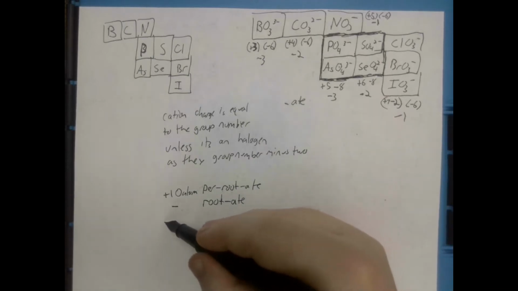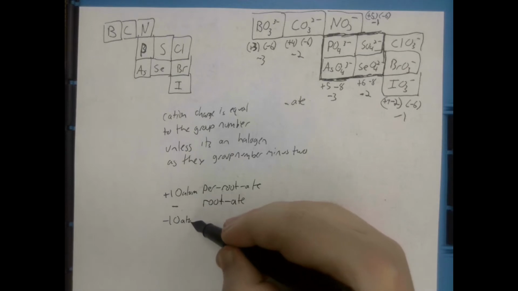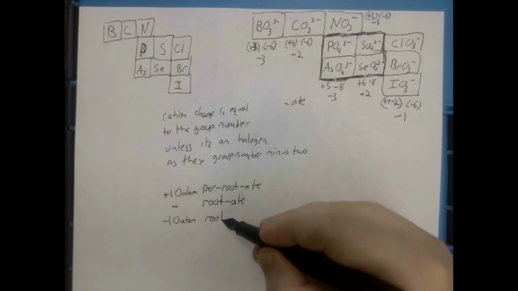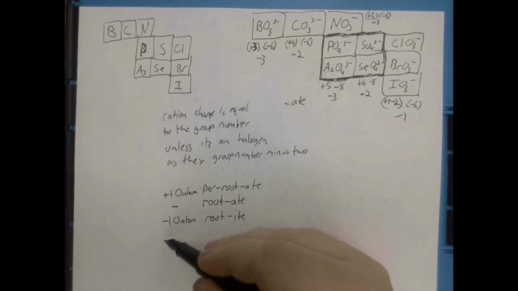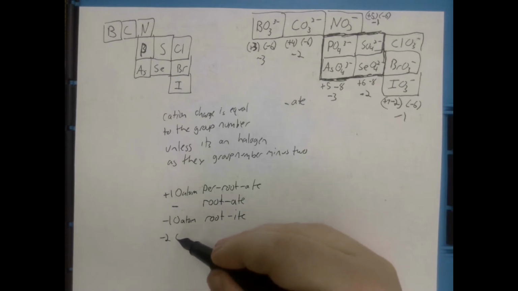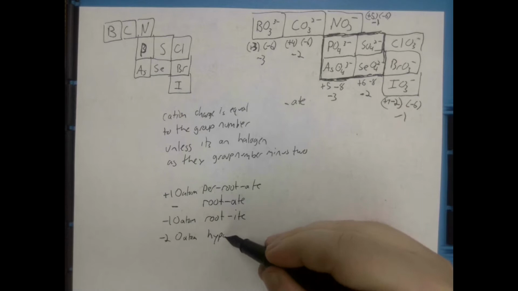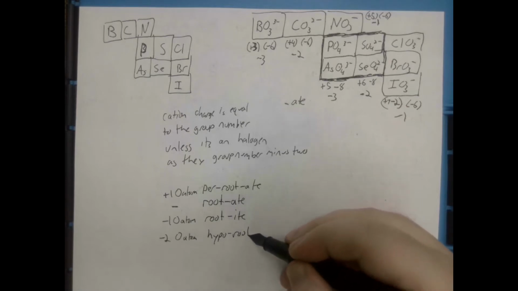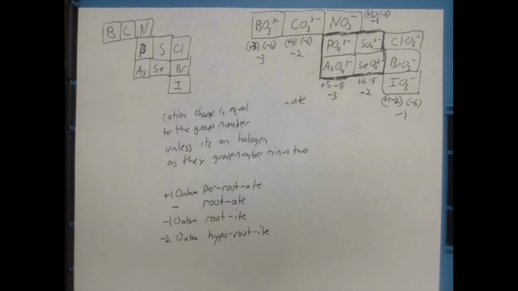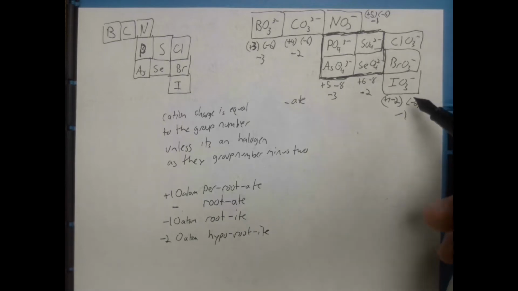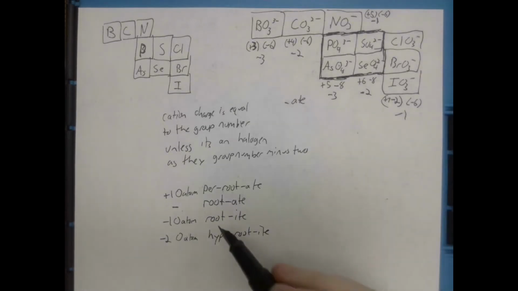If it's minus 1 oxygen, then it's going to be root-ite. And then if it's minus 2 oxygen atoms, then it's going to be hypo-root-ite. So once you get the charge and the formula for the -ate version, you can go to the other ones.